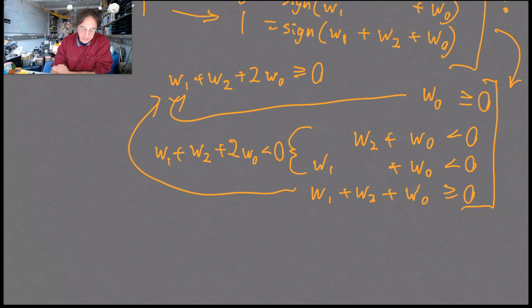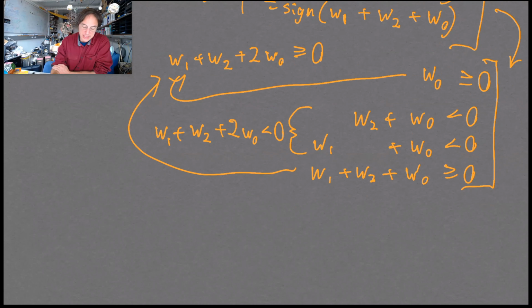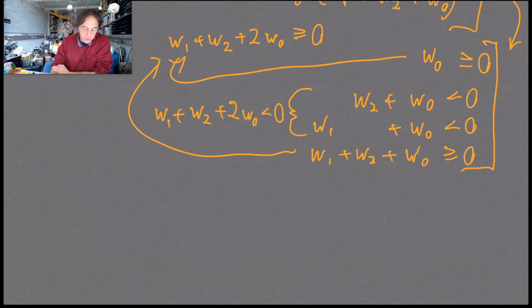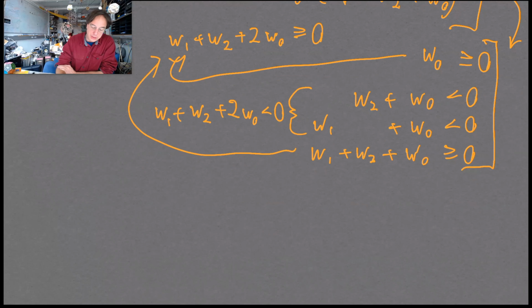So what's another way that we could think of this? Here I showed a way with equations and inequalities. But we can draw a picture of what's going on. We can draw a graph.